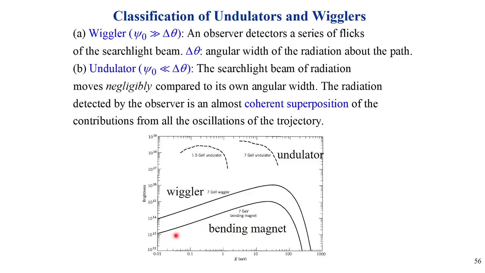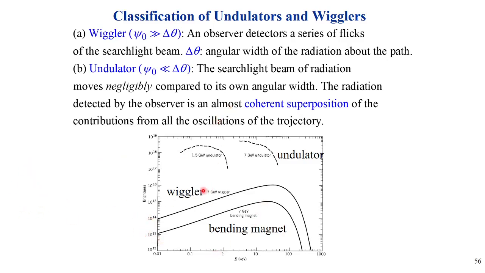If we have a bending magnet, that's the energy that corresponds to the frequency, and the brightness is here. But if you have a wiggler, the brightness increases a little bit. Bending magnet, just one bend.